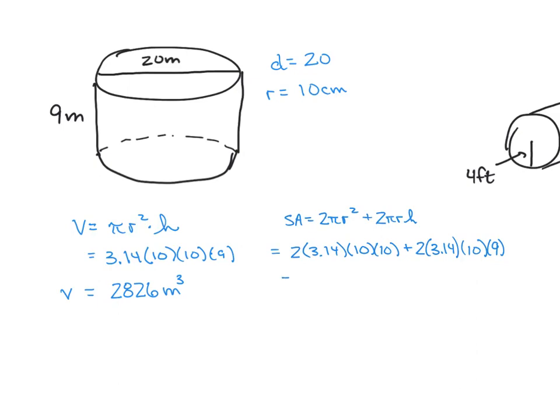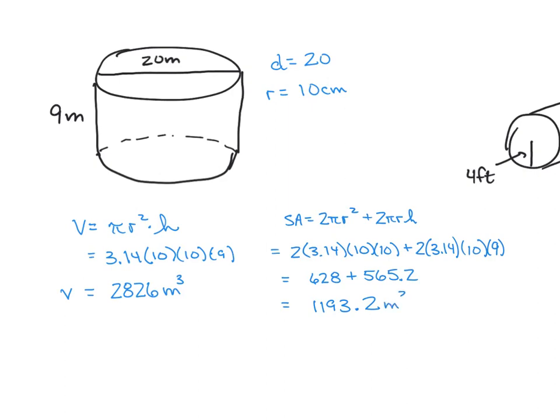Okay, if we go ahead and multiply, I get 628 plus 565.2. That's our multiplication. And now if we add this together, I get 1193.2.